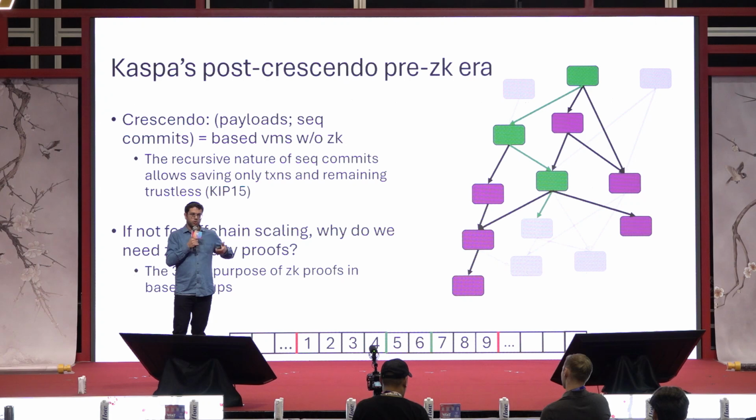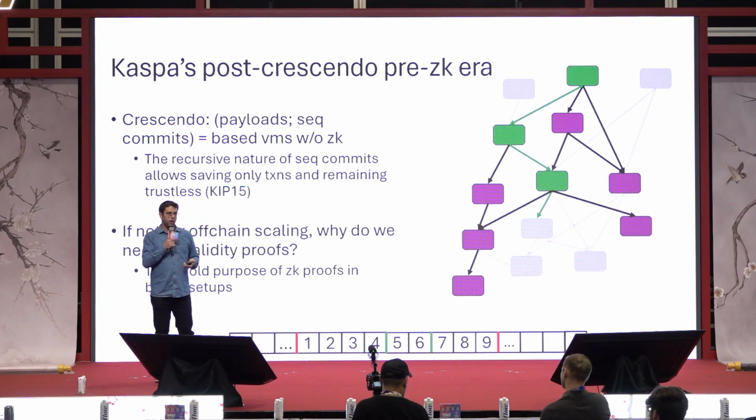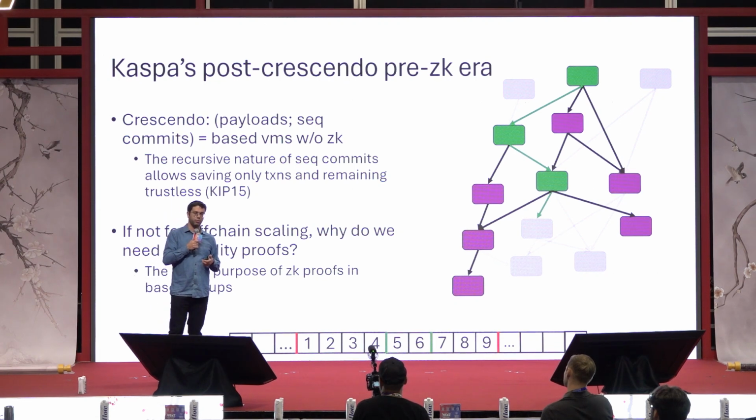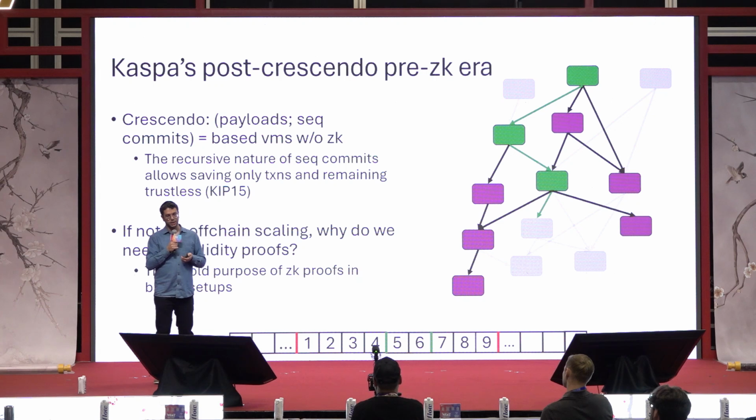So you can trust it by trusting L1, and you can reduce a lot of the storage requirements you would need for supporting a based VM without zero-knowledge support yet. So practically it enables smart contracts over Kaspa in the near future.